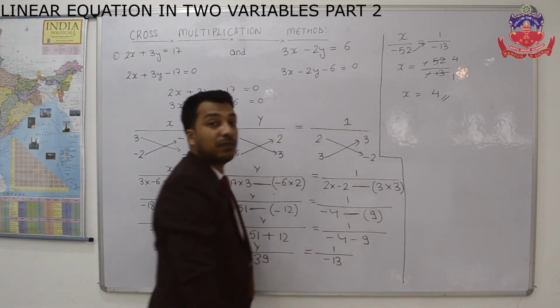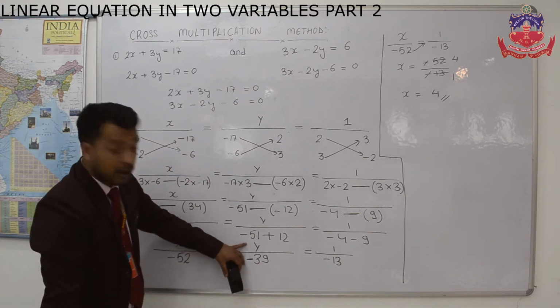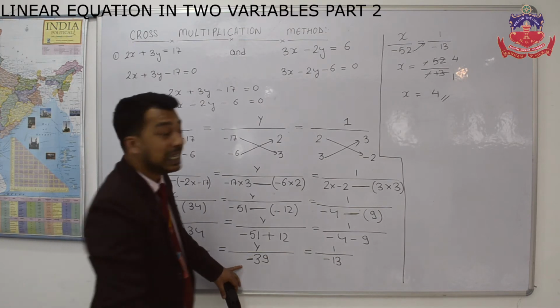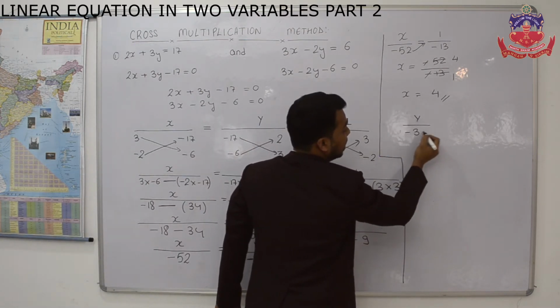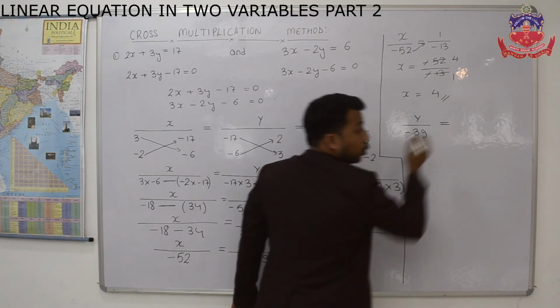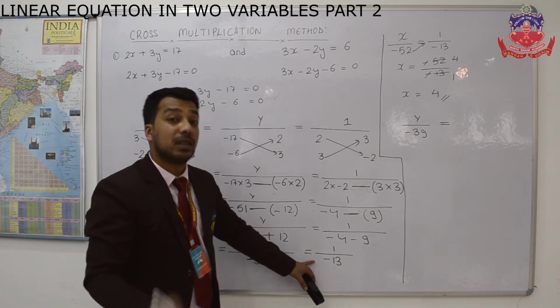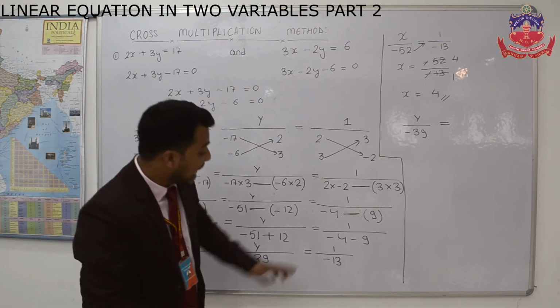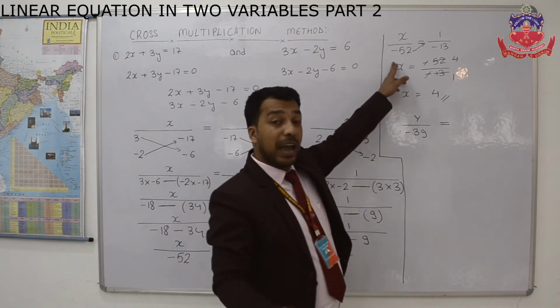Now let's find the answer for y. So how do we find the answer for y? You write the y divided by minus 39, that is y divided by minus 39 is equal to, again the third part, because the third part does not contain any variable.